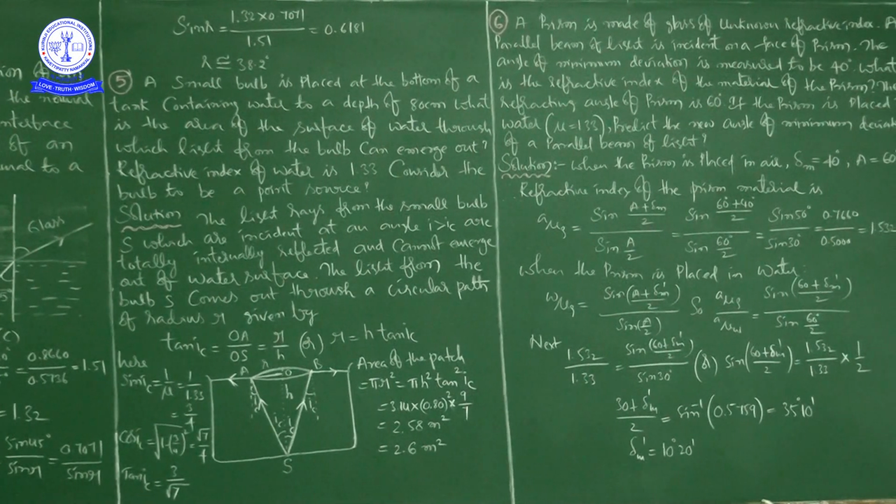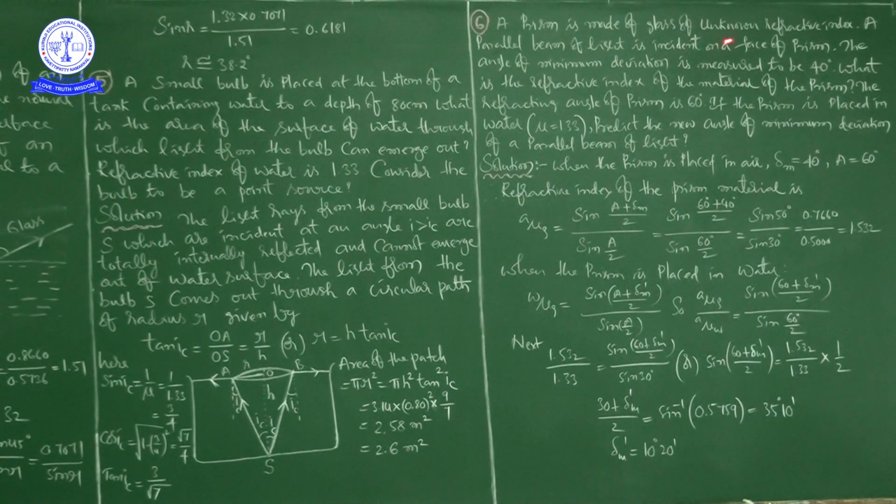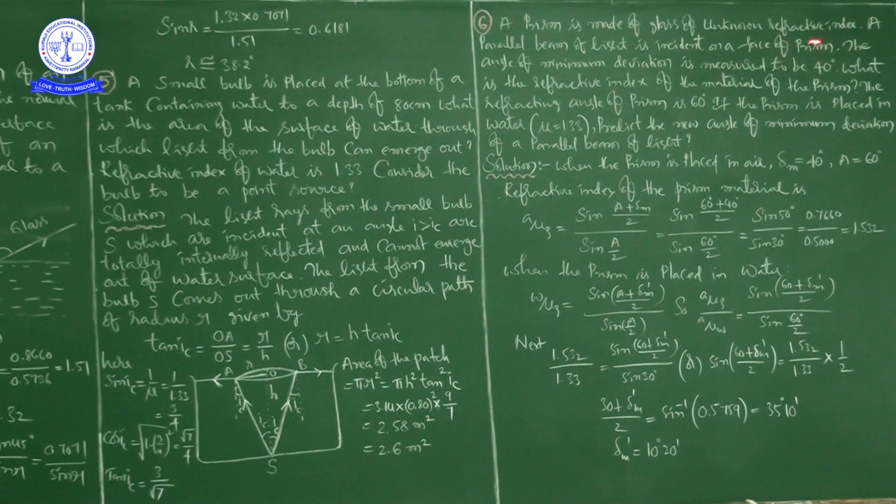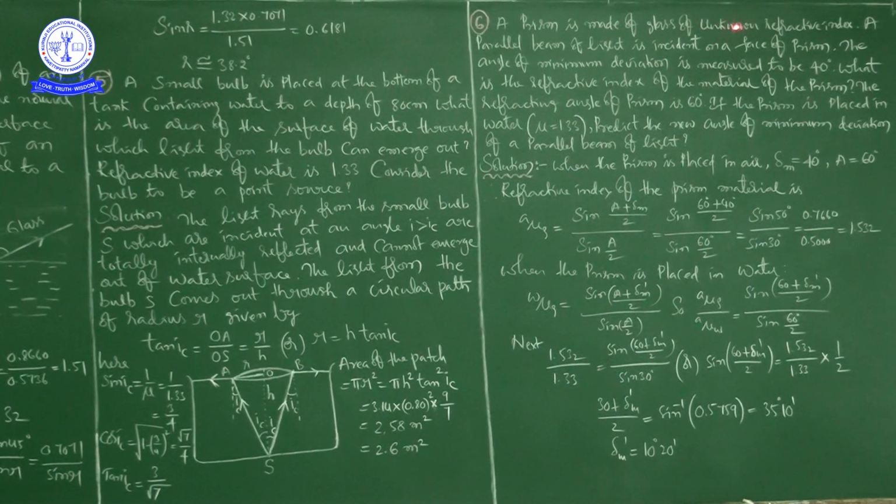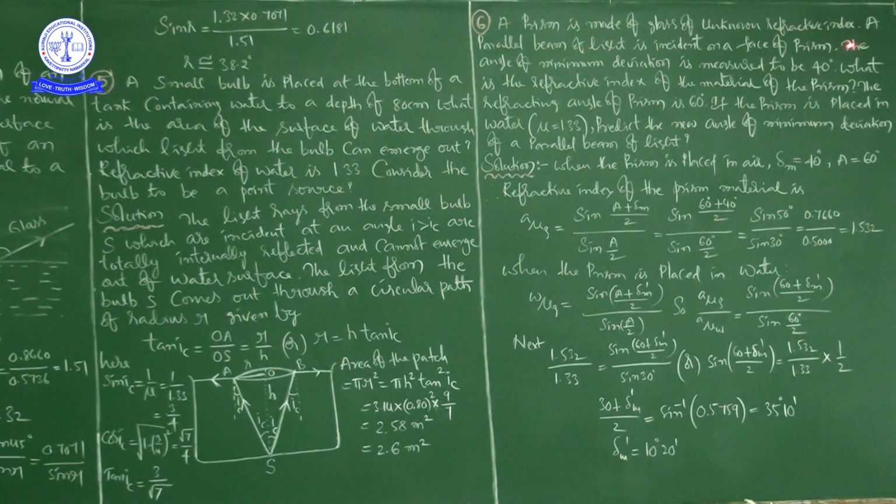See this: a prism is made of glass of unknown refractive index. A parallel beam of light is incident on a face of the prism. The angle of minimum deviation is measured to be 40 degrees.